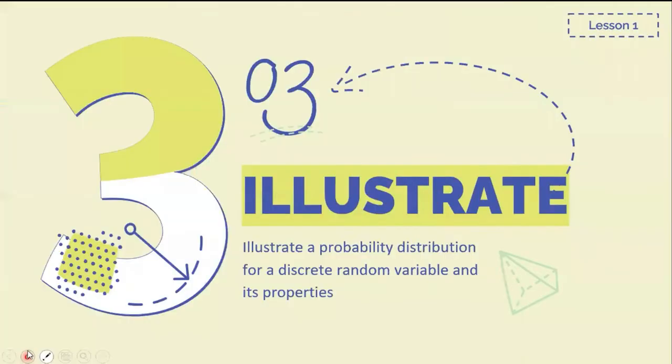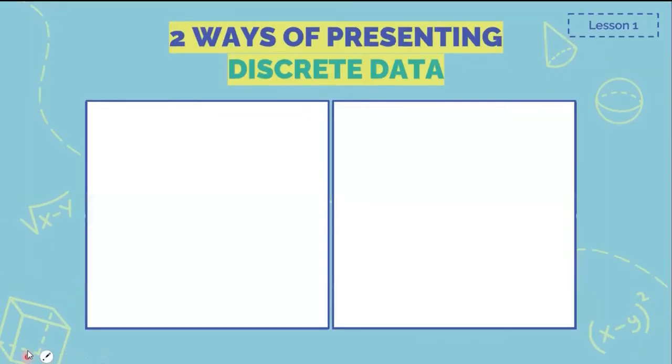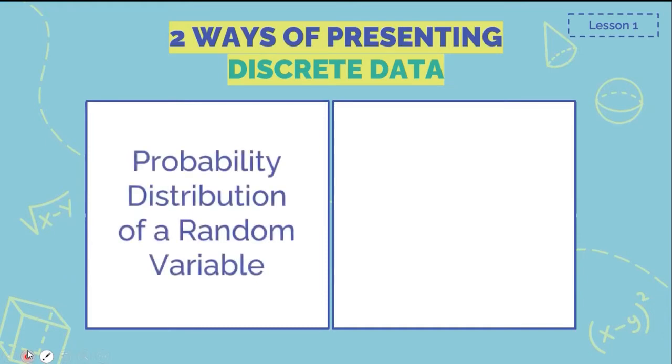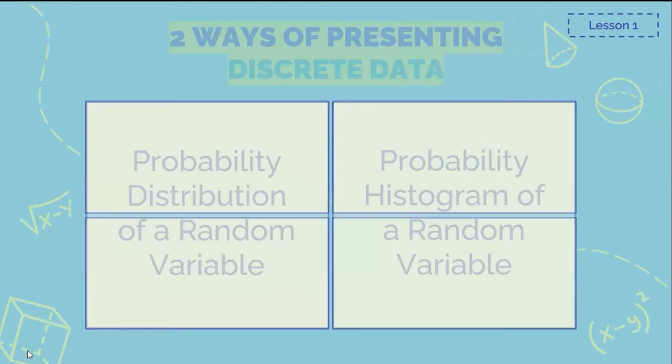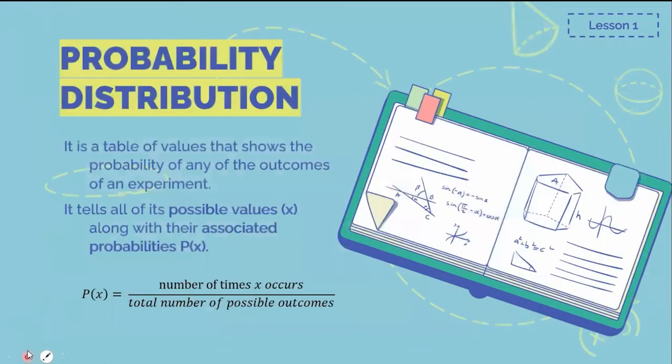Now, let's focus more on a discrete random variable. There are two ways of presenting this type of variable, and that is through the probability distribution and probability histogram. Probability distribution of a discrete random variable. It is a table of values that shows the probability of any of the outcomes of an experiment.